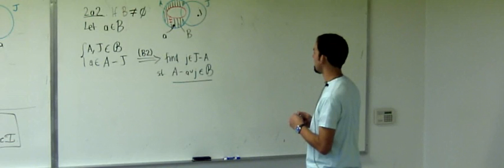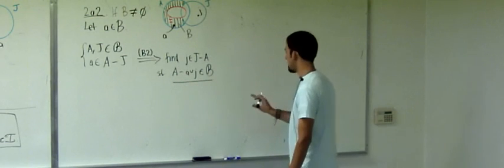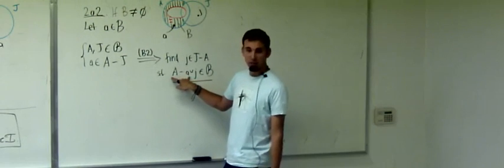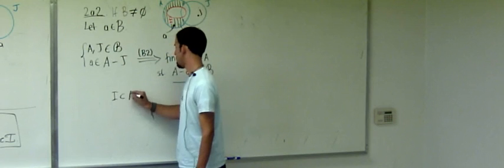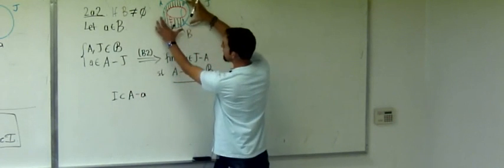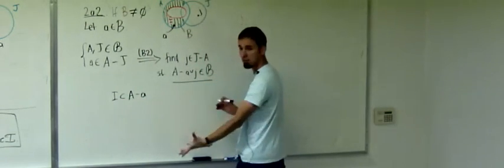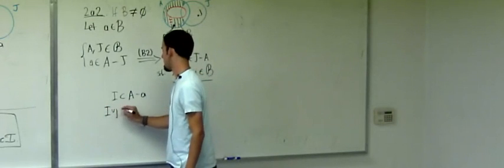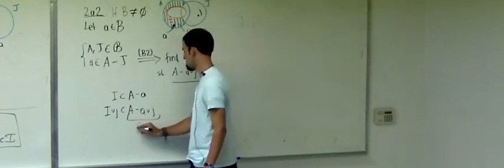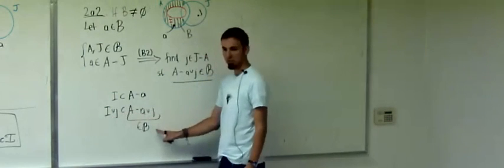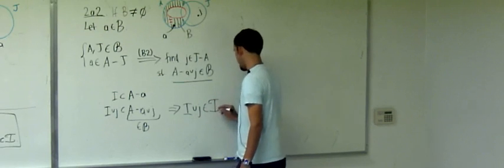I is still contained because we took out a, which wasn't in I. I is contained in A minus little a, because I had A over here and I just took out this element which doesn't involve I. So if I add J to them, I union J is contained in A minus a union J. And this guy is in B. So this guy is a subset of a set in B, and therefore I union J is in script I.